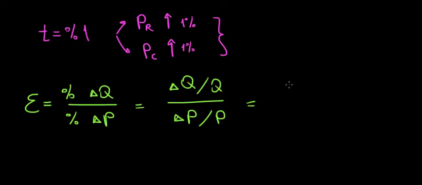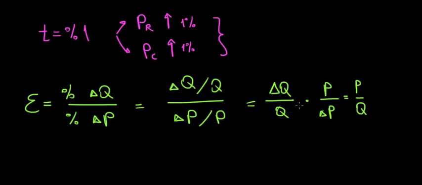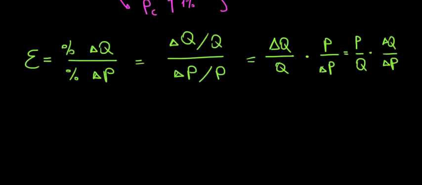Now, if we write this a bit more neat, let's actually do it in a long way so we can see the entire math here. Delta quantity over quantity. When we divide by delta price over price, we multiply with the inverse. So we multiply it with the price over delta P. And that would be equal to price over quantity. Let's group the things, price and quantity together, and then the things with the delta together. Delta Q over delta P. Okay, that looks better now. So this would be the formula for our elasticity of demand.